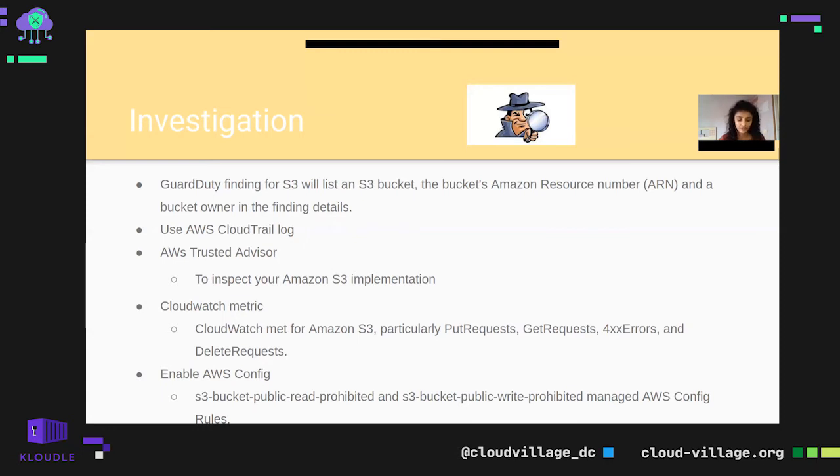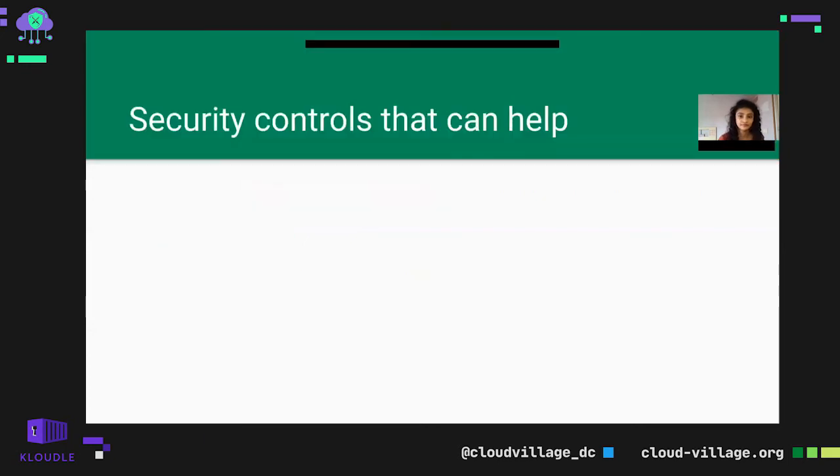Now you have configured all this, but how do you investigate that this S3 misconfiguration happened? You should have a proper logging mechanism in place. Now, after investigation and all the alerting is in place, what security controls can help prevent S3 misconfiguration?